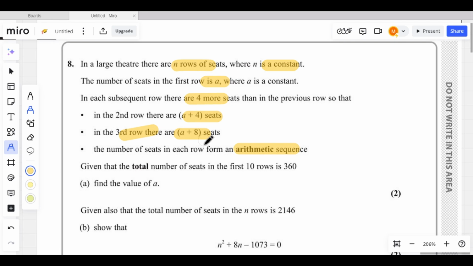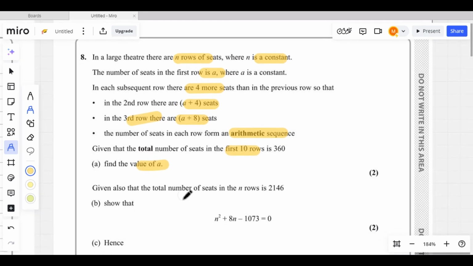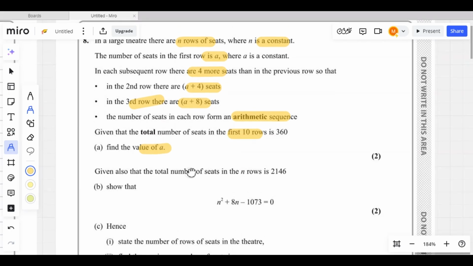Okay. So given that the total number of seats in the first 10 rows is 360, you need to figure out the value of A. In this type of questions from series, most of the students get confused whether to consider the equation for the nth term or the sum of n terms.